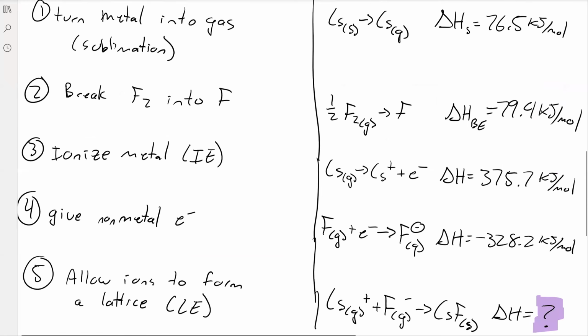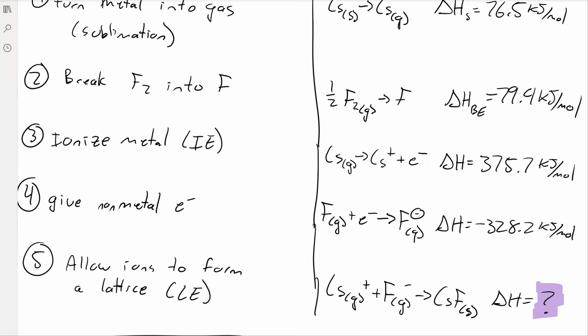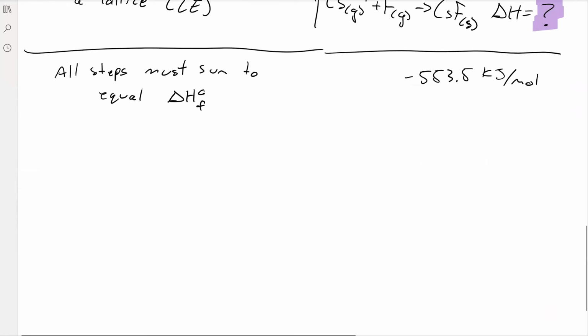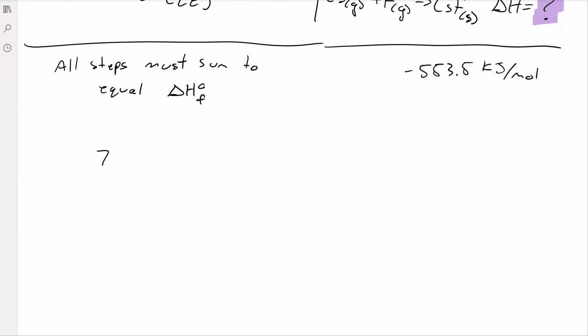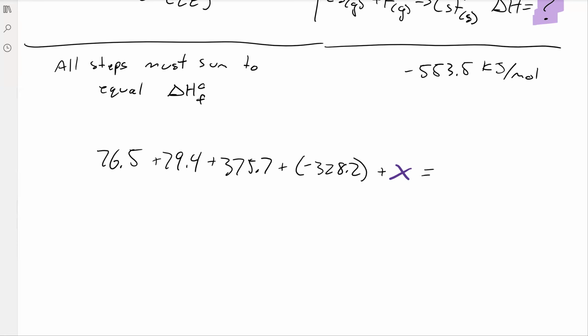And so what we do is we take these numbers, plug them into our equation, and solve for our unknown. So the first step was 76.5 kilojoules, the second was 79.4, the next one is 375.7, the next one is a negative number, 328.2, right? That's giving that fluorine that electron. And then we have our X value, our lattice energy. We don't know what that is, but we do know that all of these steps add up to negative 553.5 kilojoules per mole.